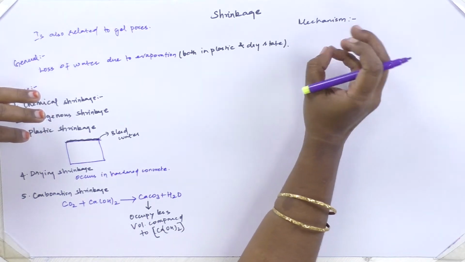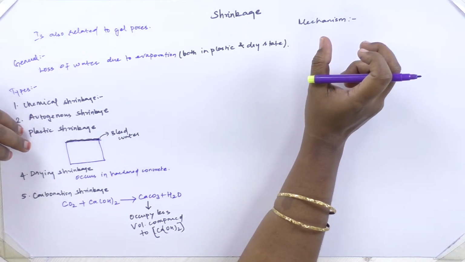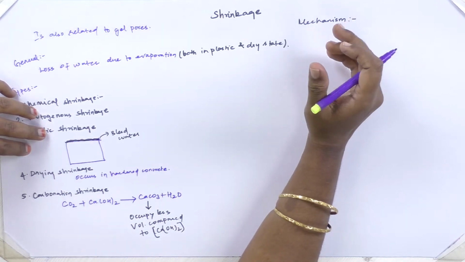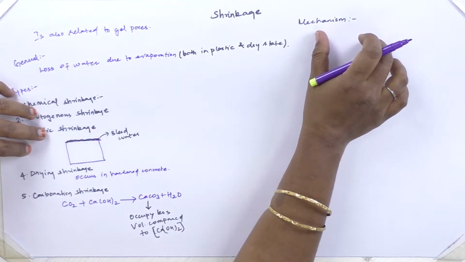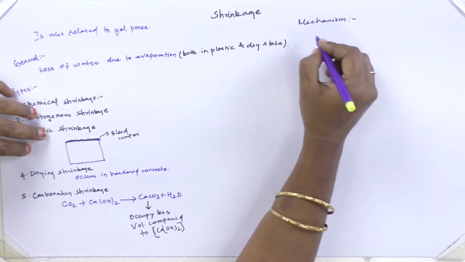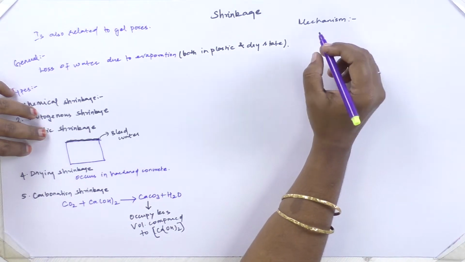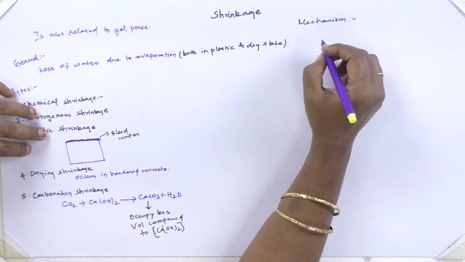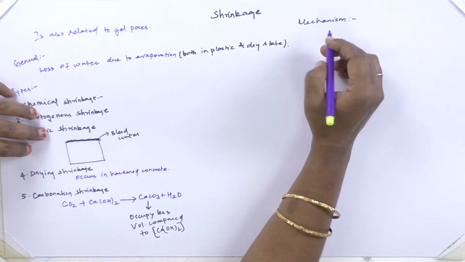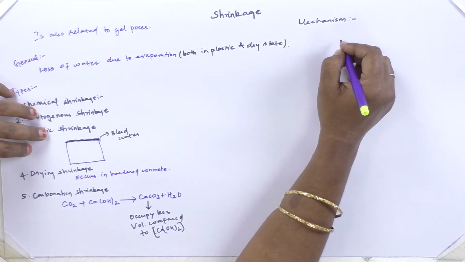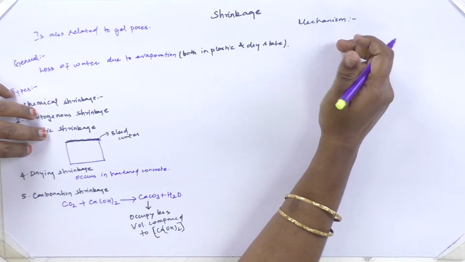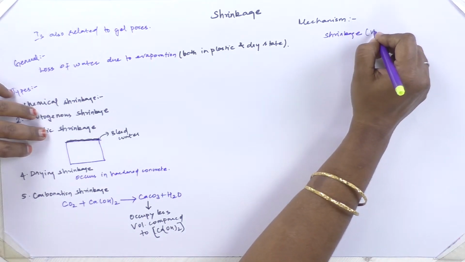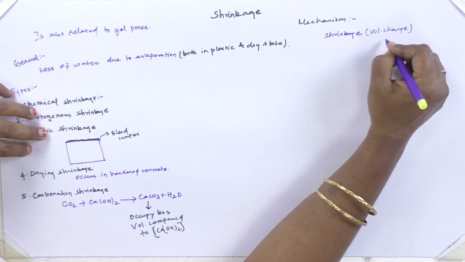Because of the movement of the water from the gel, a capillary tension is set within the pore, and to balance this tension, a compressive force from the CSH gel is induced, and because of this difference, shrinkage, that is volume change, occurs.